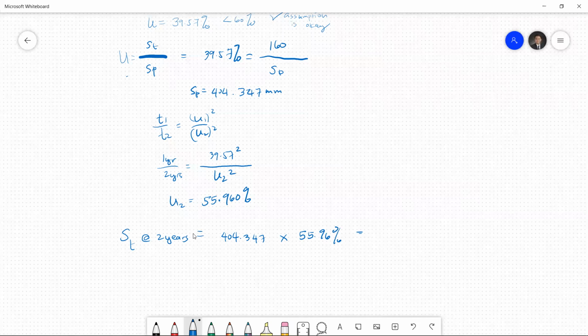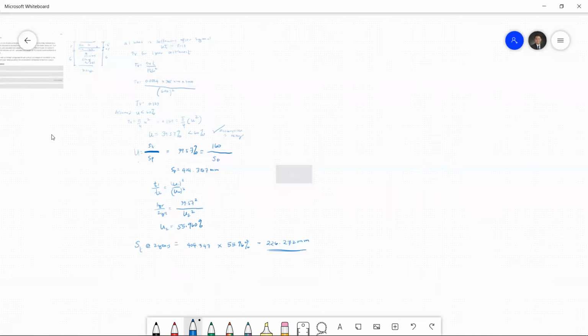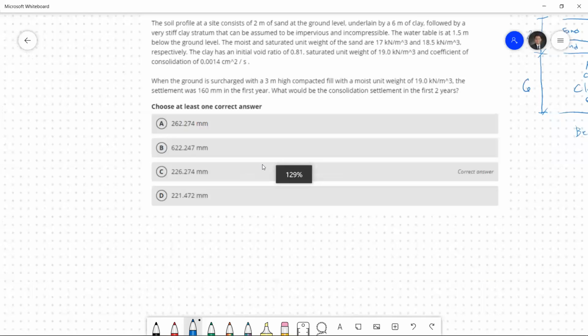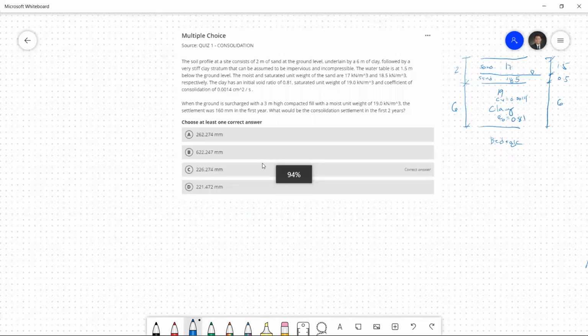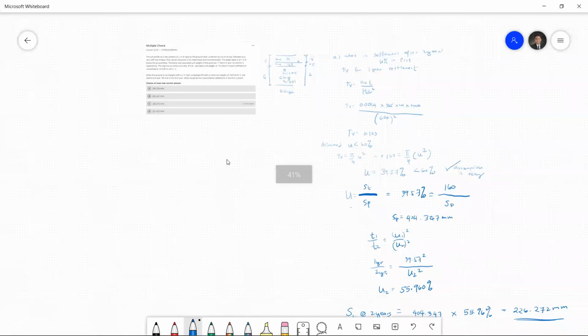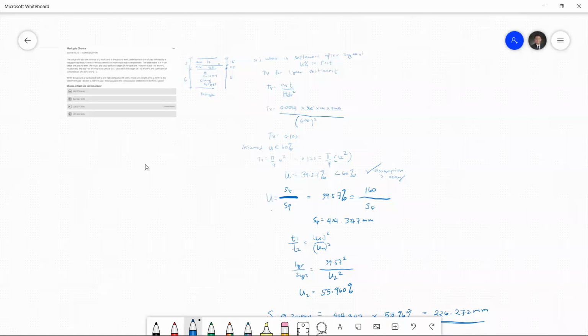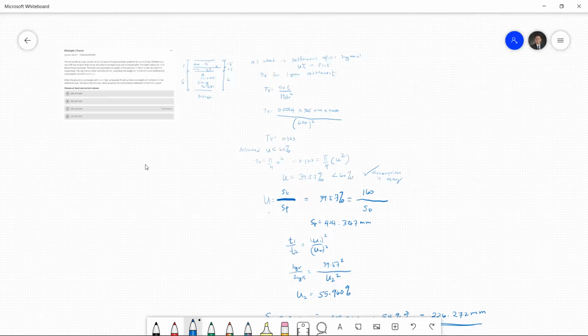That is equal to 226.272 millimeters, which is exactly letter C. So that is how you solve this problem.